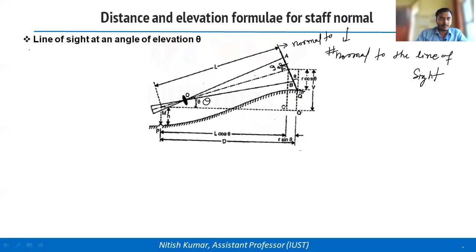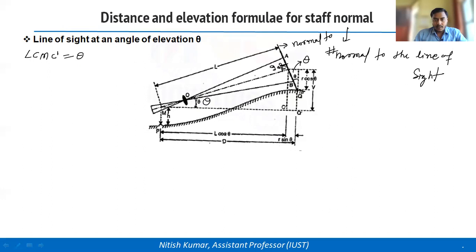So we can also say that angle CMC dash is theta. If angle CMC dash is theta, then we can say this angle is also theta, because this is normal. You can calculate by trigonometric relation, so we'll get this angle theta. Okay.